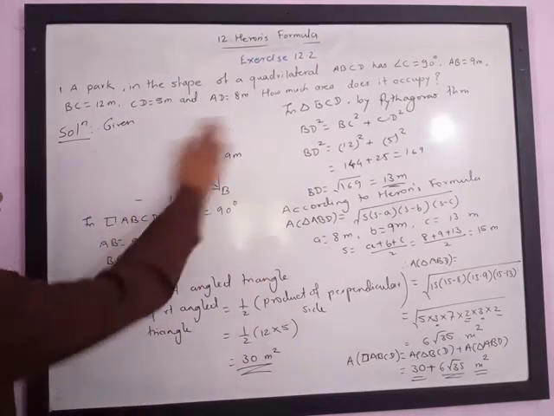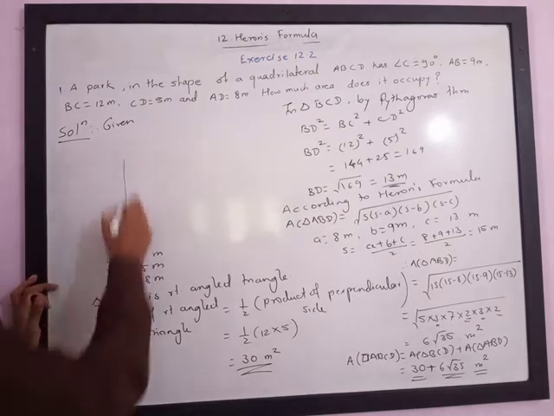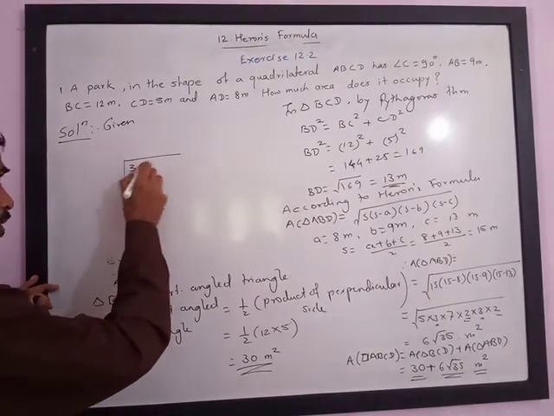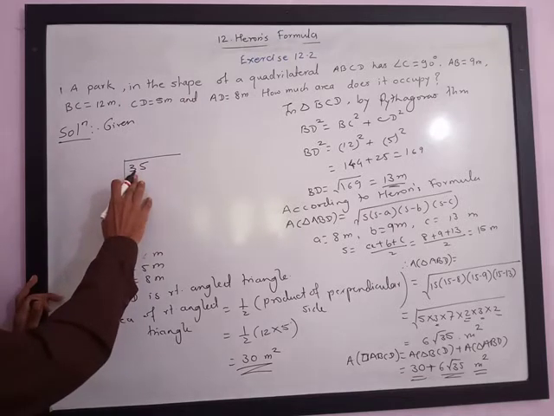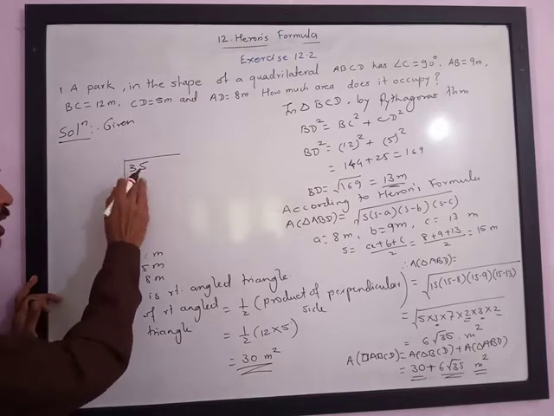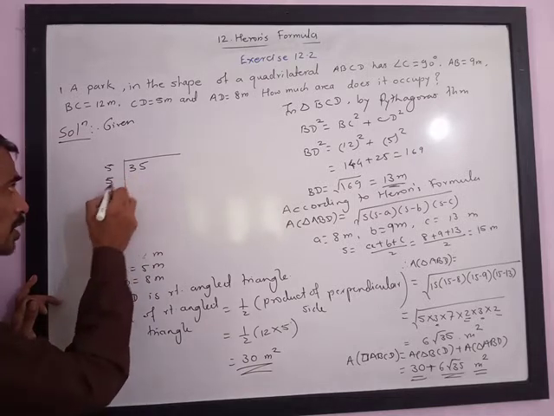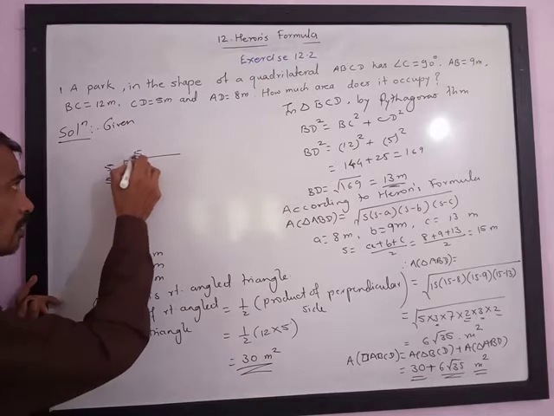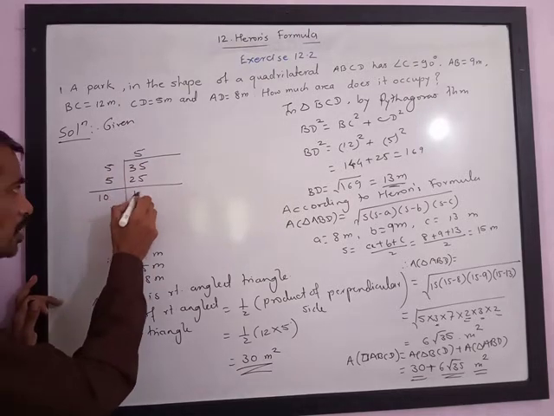Now to find the square root of 35, I hope everybody knows the division method. For 35, the perfect square number less than 35: 6 6s are 36 and 5 5s are 25, so smaller than this is 5 5s are 25. Then on this side we have to do the addition, on this side we have to do the subtraction.